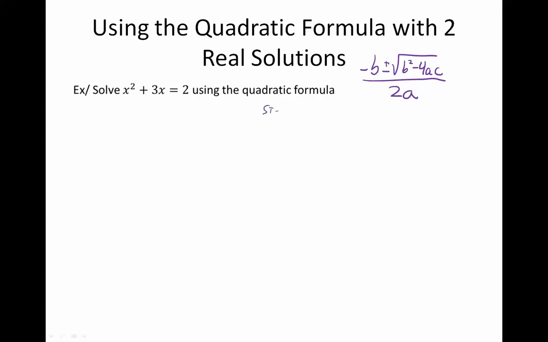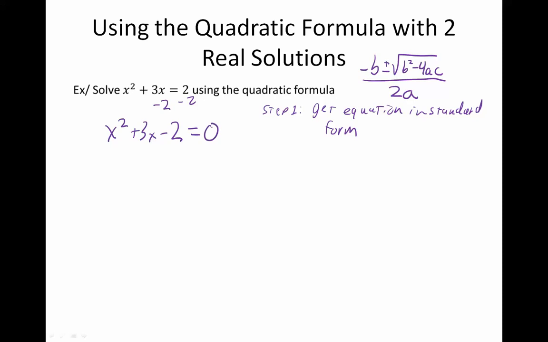So step 1 is going to be get the equation in standard form. To do that, we're going to use a little bit of algebra. We're going to subtract 2 from both sides, which is going to leave us with x squared plus 3x minus 2 equals 0.